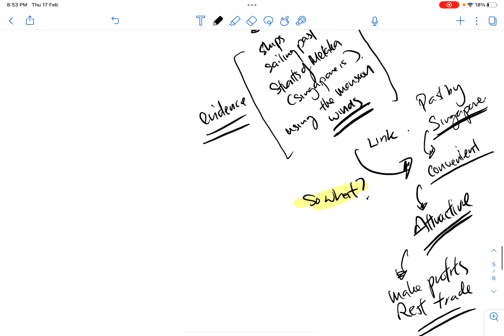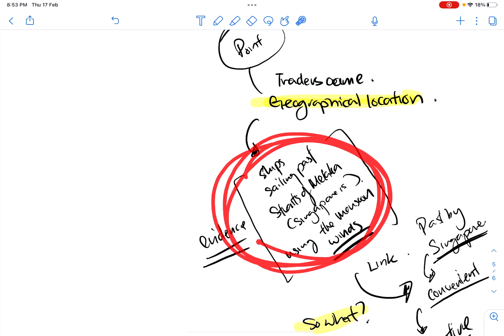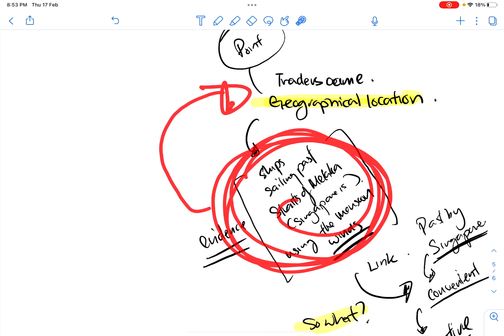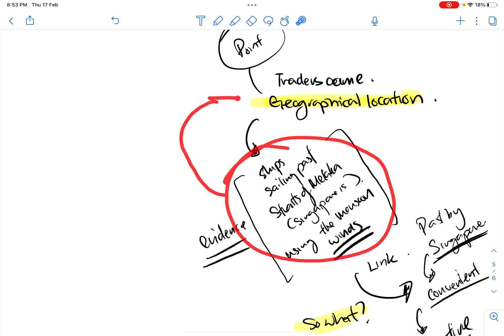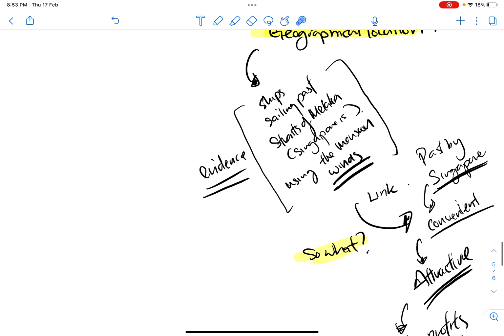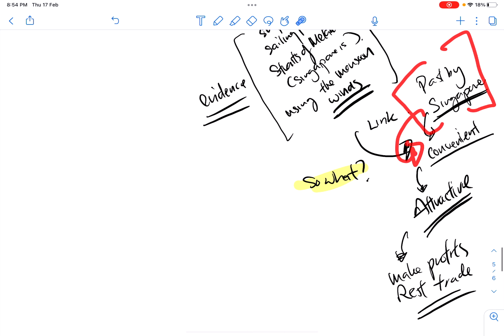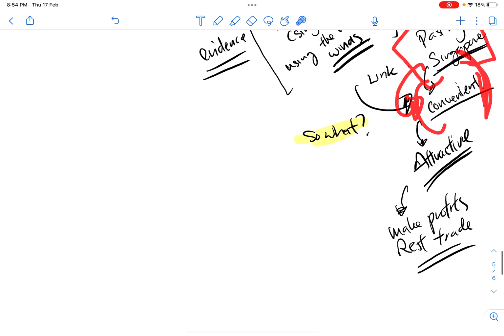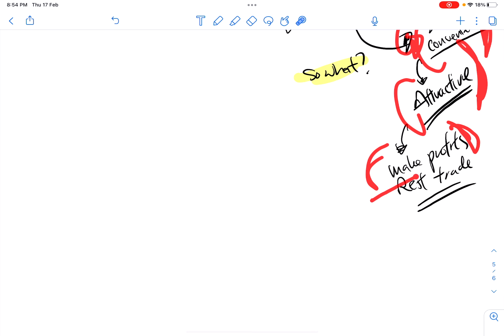Now, this is me making sense of why using the monsoon winds would make traders attracted to come to Singapore. Why the monsoon winds implies that Singapore has a good geographical location is because the monsoon winds are the ones that blow the ships towards, just happen to go towards Singapore, to pass by Singapore. And as such, this makes Singapore a very convenient and attractive place to trade, where traders can come here to make profits, right?